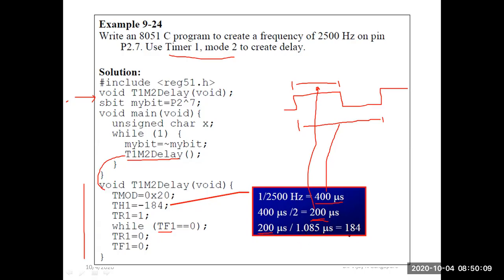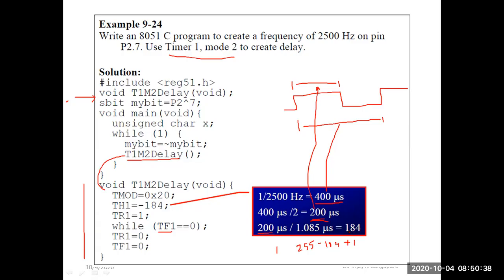After that, whatever count comes, 184, we have to subtract it from FF, or 255. That is 255 minus 184 plus 1, or FF minus 184 plus 1.